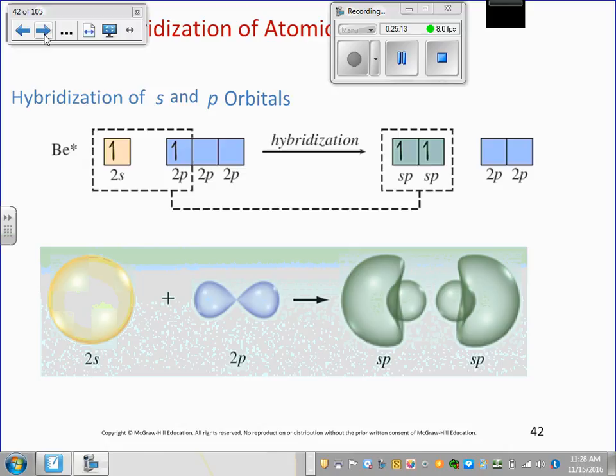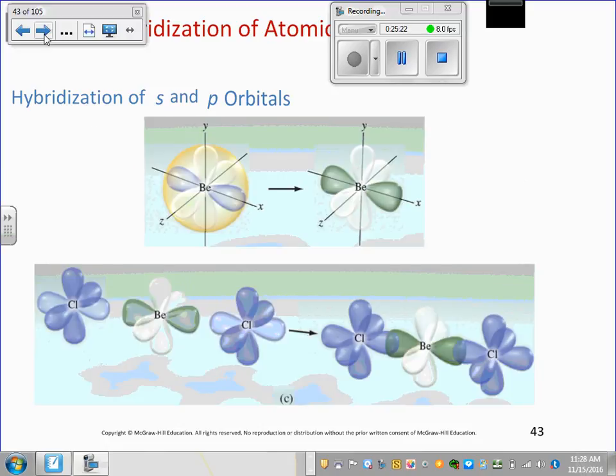Everything's equal. Here they do beryllium dichloride. You can see the green is the hybrid orbital, so you can see beryllium combines with the p orbital in the chlorine. All well and good. So, sp.